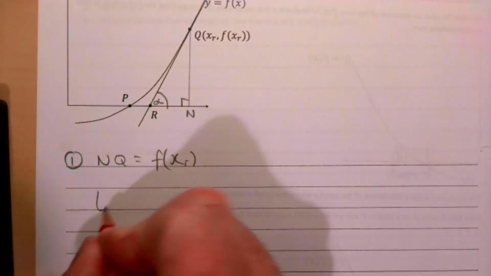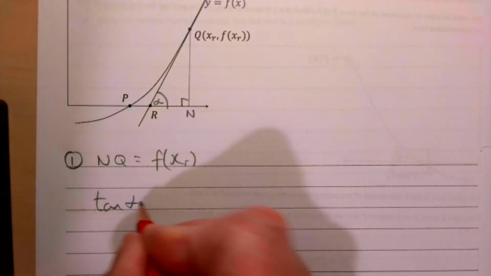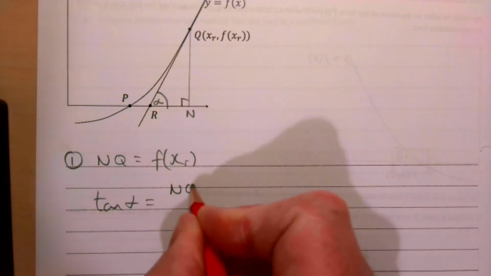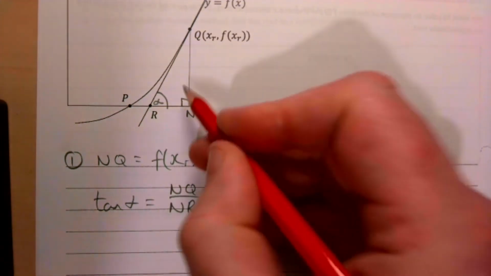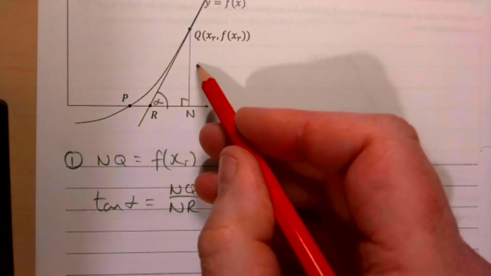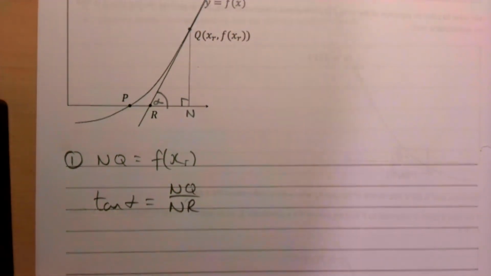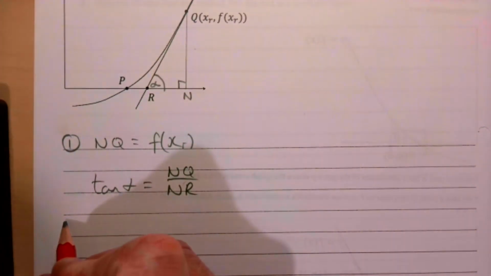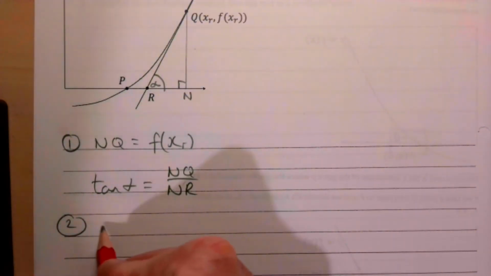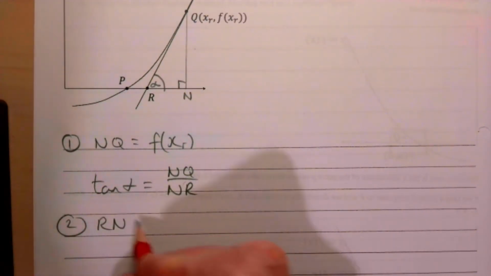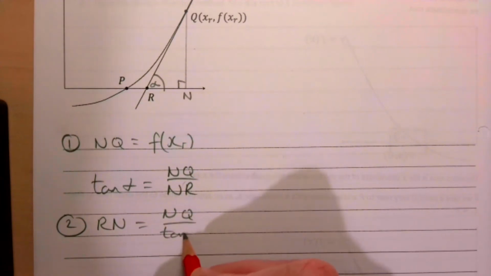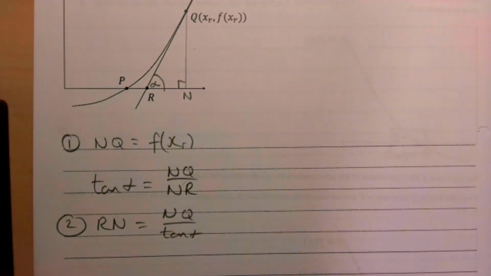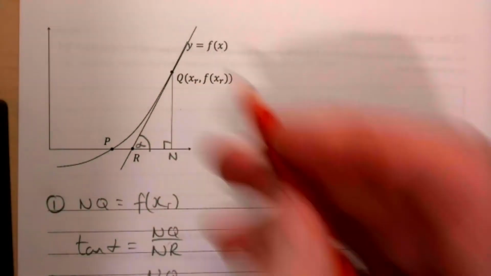We also know that tan alpha equals NQ over NR. Why is that? Because tan is the opposite over the adjacent, so NQ over NR. If you rearrange that, you have RN, which is your distance here, equals NQ over tan alpha.